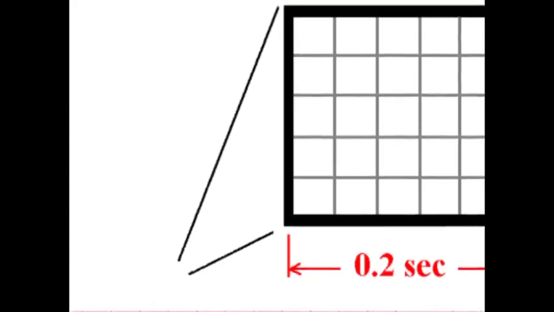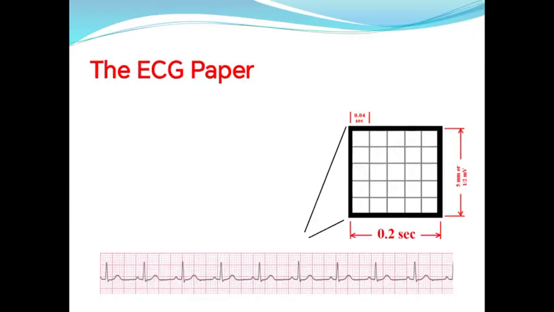So one big square vertically represents 0.5 millivolt. This is very important. We should understand the importance of measuring the amplitude and the duration of the ECG just by using this ECG paper.